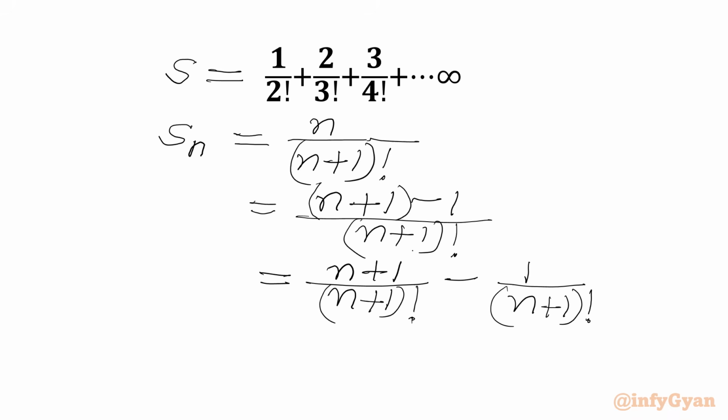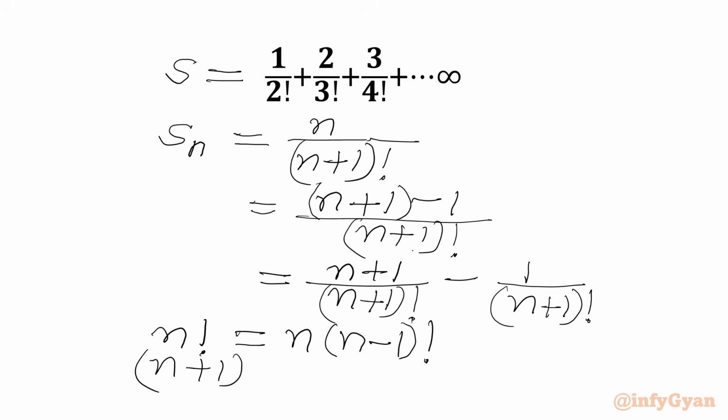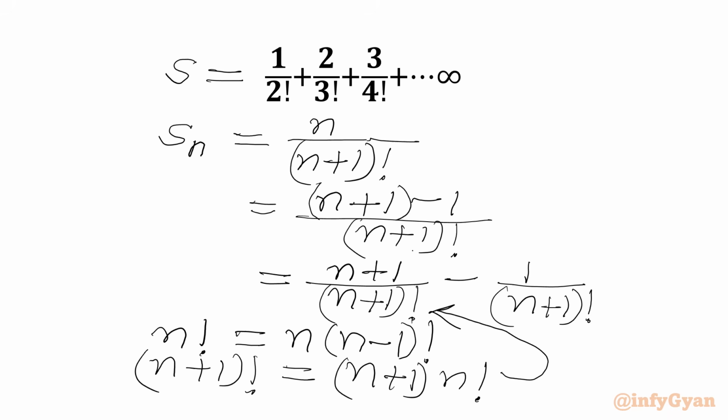Using the recursive formula for factorials, we can write n factorial as n times (n minus 1) factorial, or (n plus 1) factorial can be written as (n plus 1) times n factorial, which we will apply here.